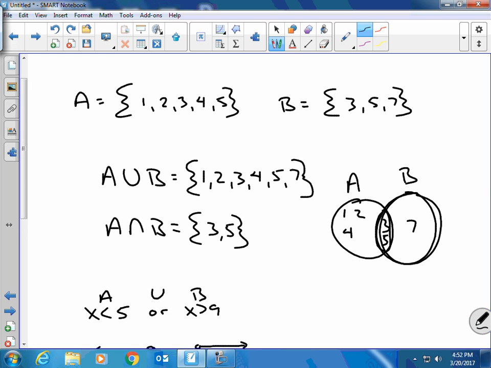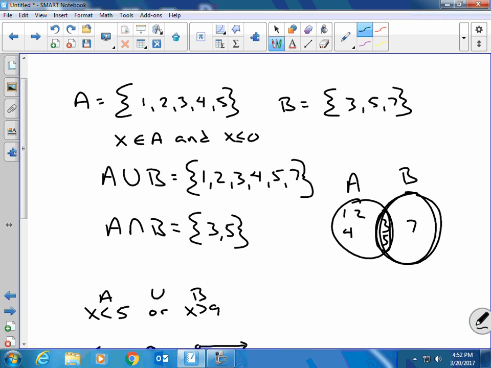Let's say I want X to be a member of A, and I want it to be less than or equal to 0. Give me every element that is in A that is also less than or equal to 0.